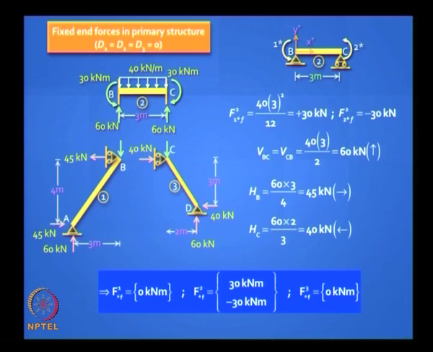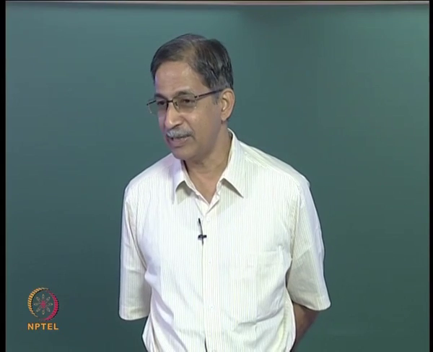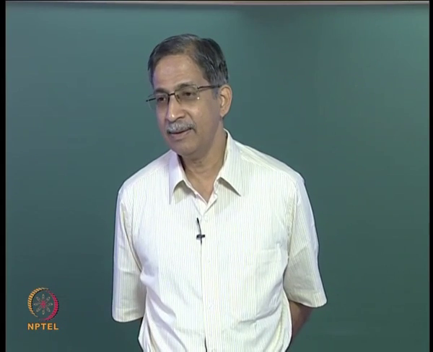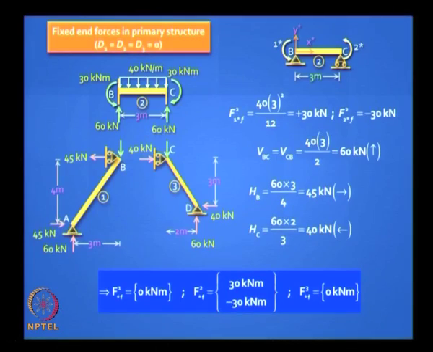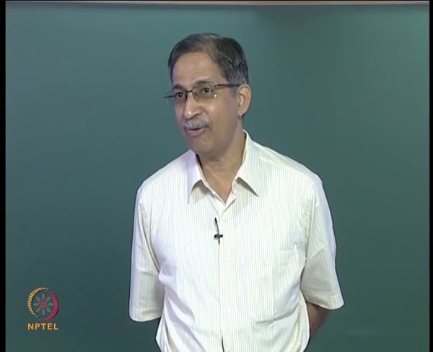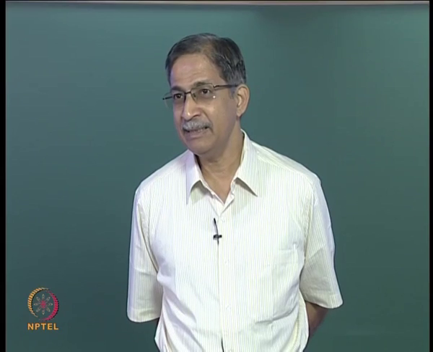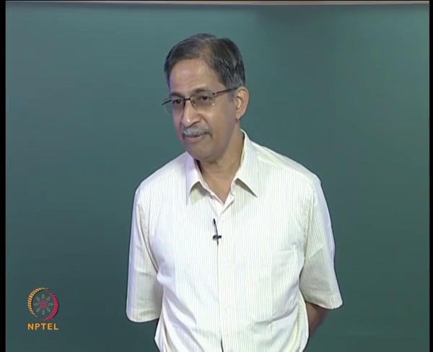Yeah. You look at what's happening at B and C. You have restrained those degrees of freedom. At B you get a horizontal reaction to the left of 45 kilonewton. At C you get a horizontal reaction 40 kilonewton. What's happening to the whole beam? So you will get a net force of 5 kilonewton acting to the left or right? Left.